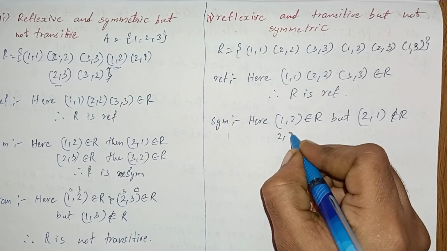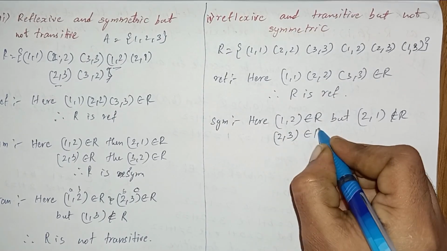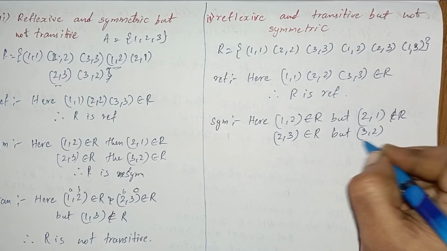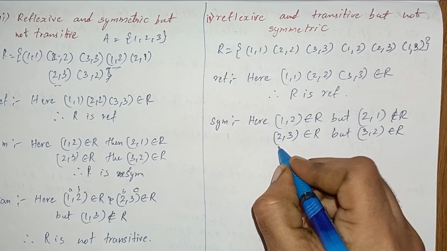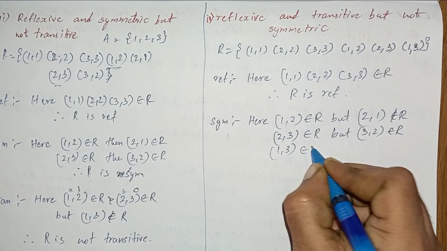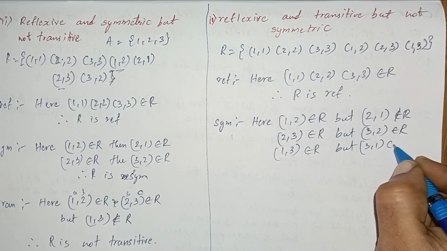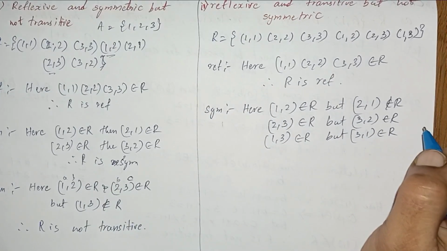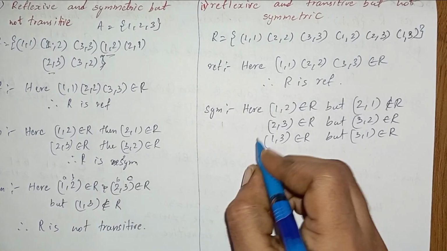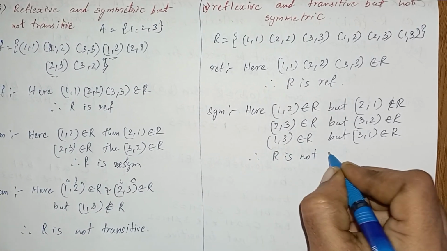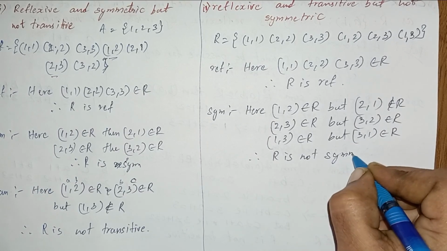Again, (2,3) belongs to R, but (3,2) does not belong to R. The same way, (1,3) belongs to R, but (3,1) does not belong to R. Therefore, R is not symmetric.